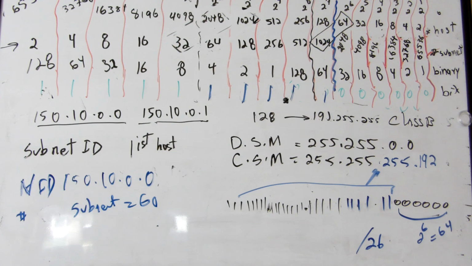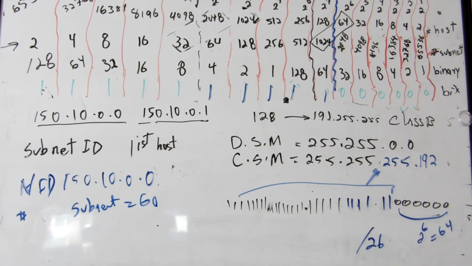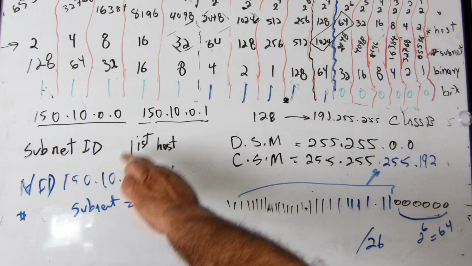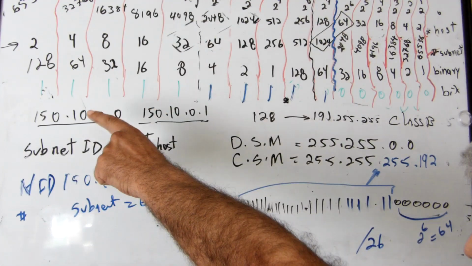Then we are going to talk later about class A. But remember that they give you a network ID, and then they give you one piece of information.